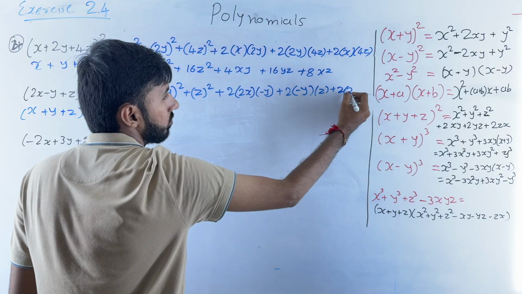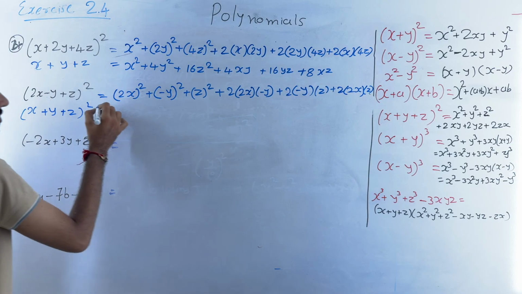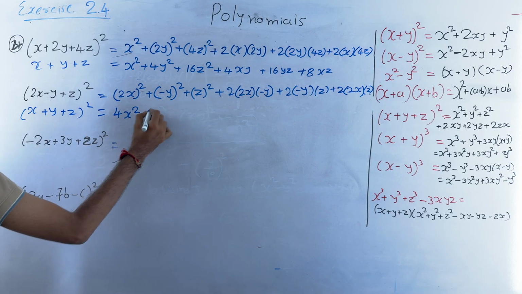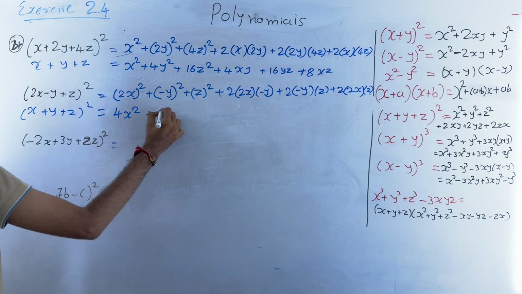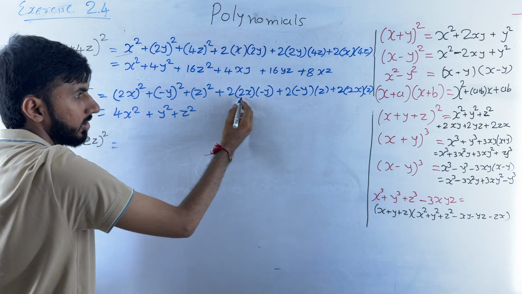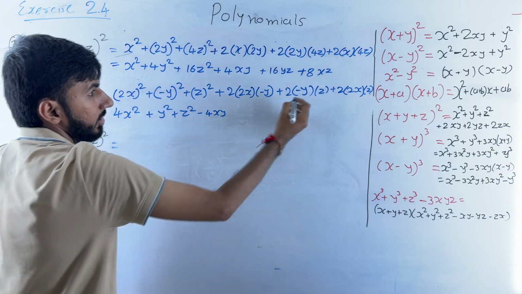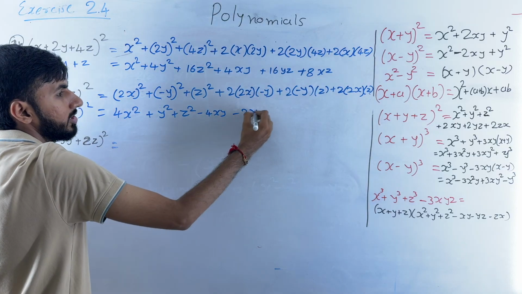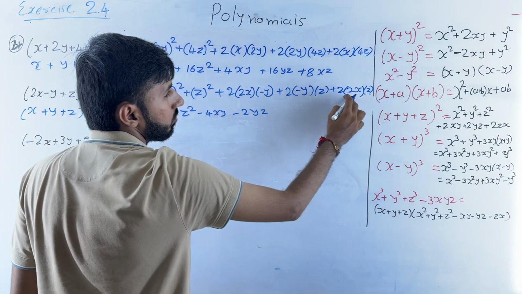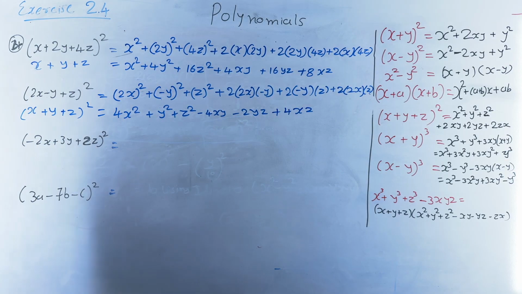First term is 2x, last term is only z. Right? So your answer will be 4x square plus y square plus z square minus 2 multiply 2x minus y, that will be minus 4xy, then it will be minus 2yz, then it will be plus 4xz. This is your answer, right?